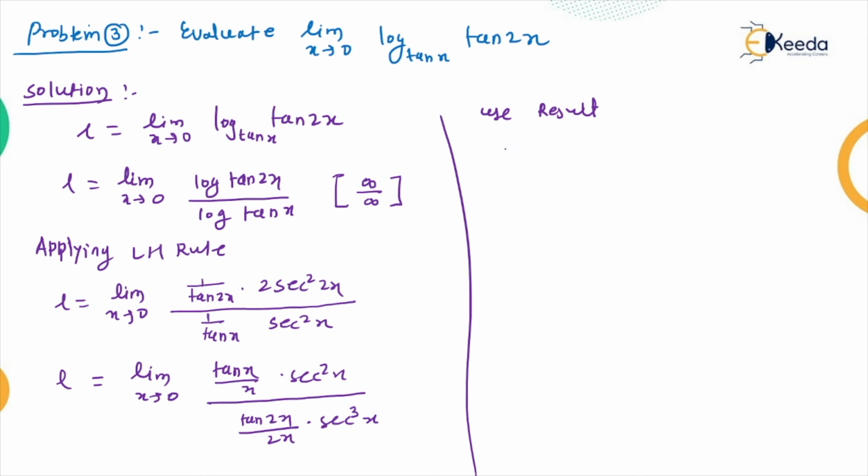Which result do we use? Limit as x tends to 0 of tan x upon x, you know this result, your answer will be 1.